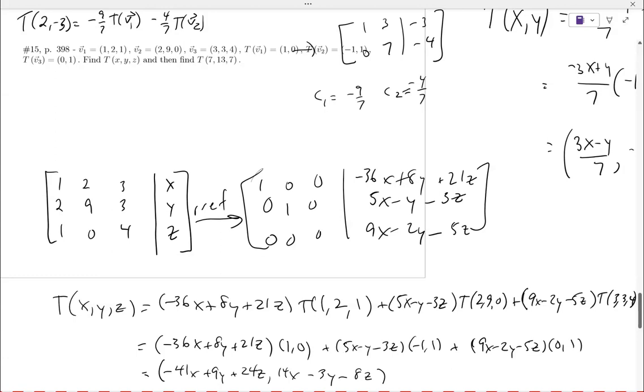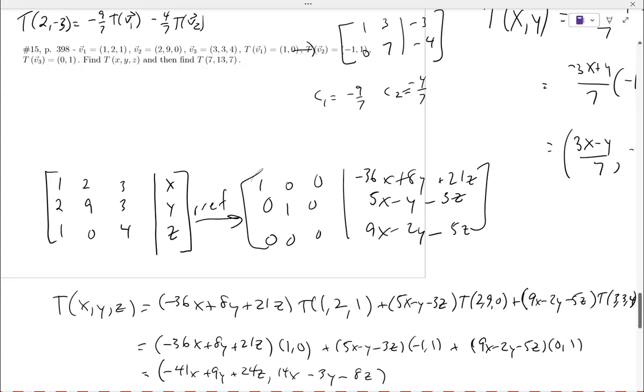I just did the x's, y's, and z's separately so I wouldn't have to think about it all at the same time. The negative 36 minus 5. I've got 8 plus 1 and 21 plus 3 for that. And then for the second component, I didn't have to worry about this one. So I just focused on the last two because that had zeros in it. Made my simplifying easier. Is that okay?